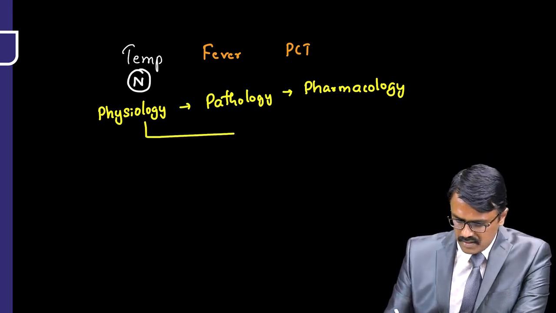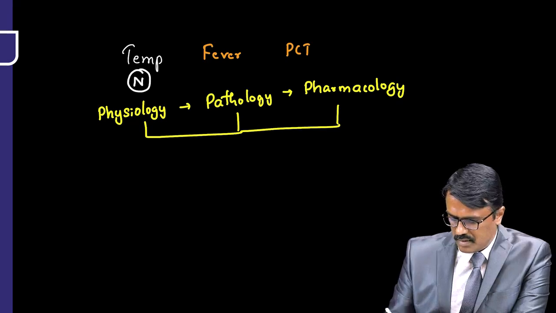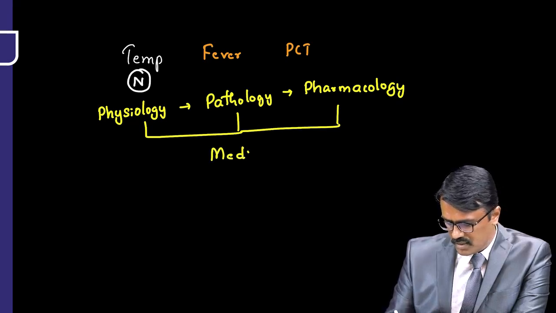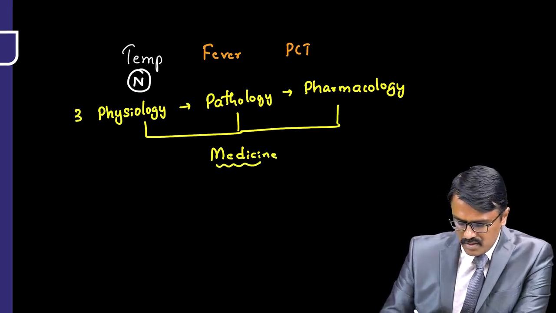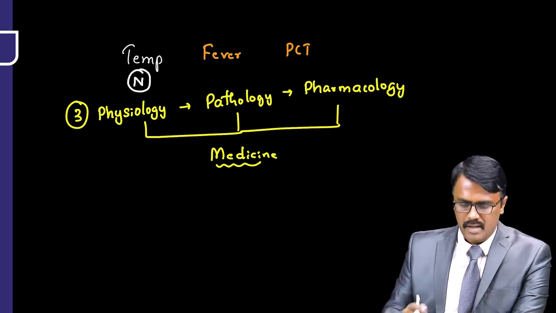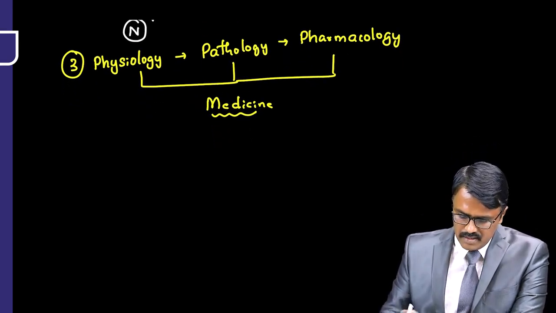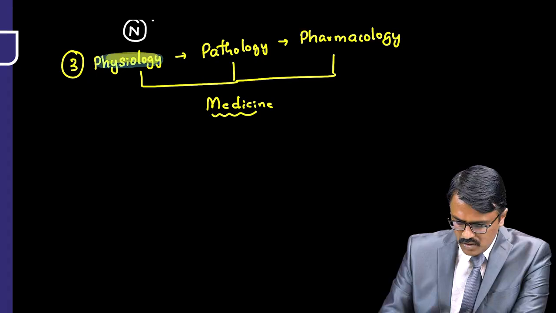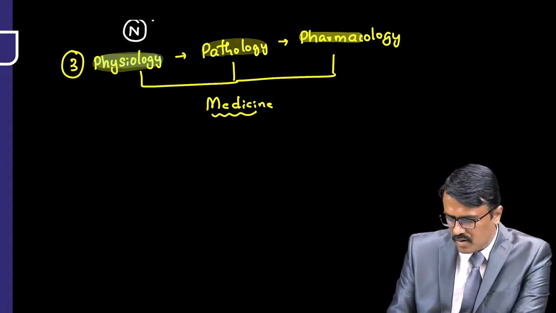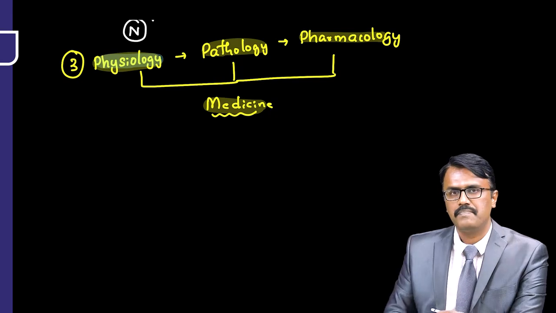These three P's are the pillars to understand a bigger part, that is medicine. Medicine is understood by understanding the three P's. Nowadays the pattern of exams is integrating things. So physiology is integrated with pathology and then pharmacology, and that forms medicine.